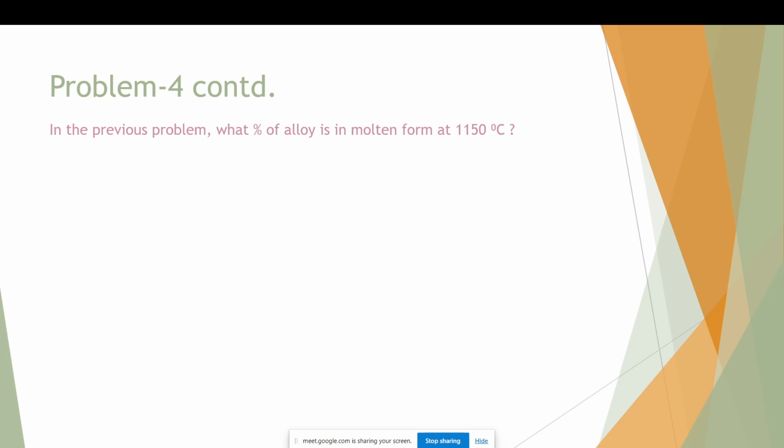I'll just say that let x be the fraction of alloy that is molten. Then naturally, 1 minus x is the fraction of alloy that is solid.